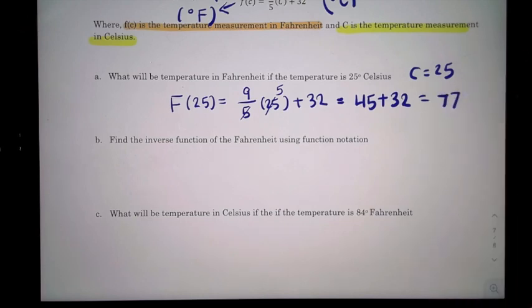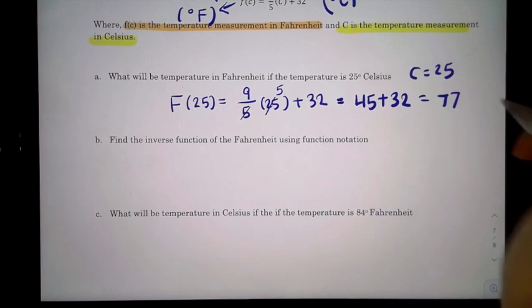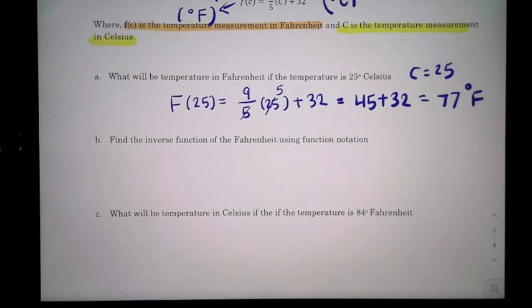So 25 degrees Celsius is equal to 77 degrees Fahrenheit. So we can get A. A is just getting your function value, so you can just plug in the value and get the answer. Okay, let's look at B.